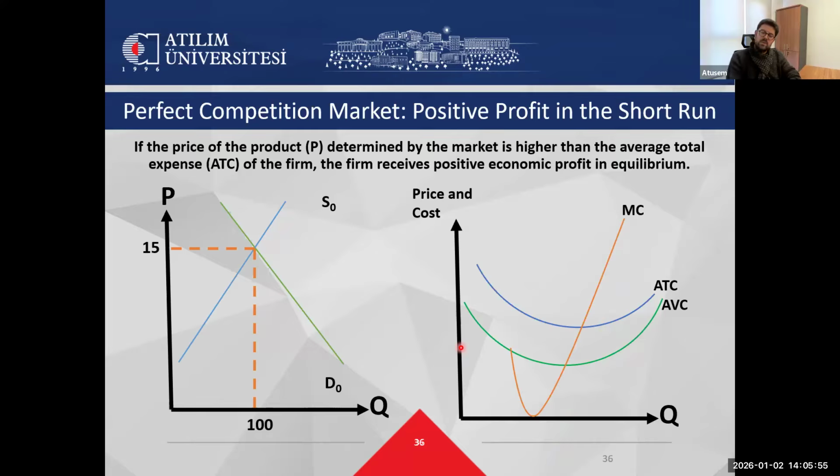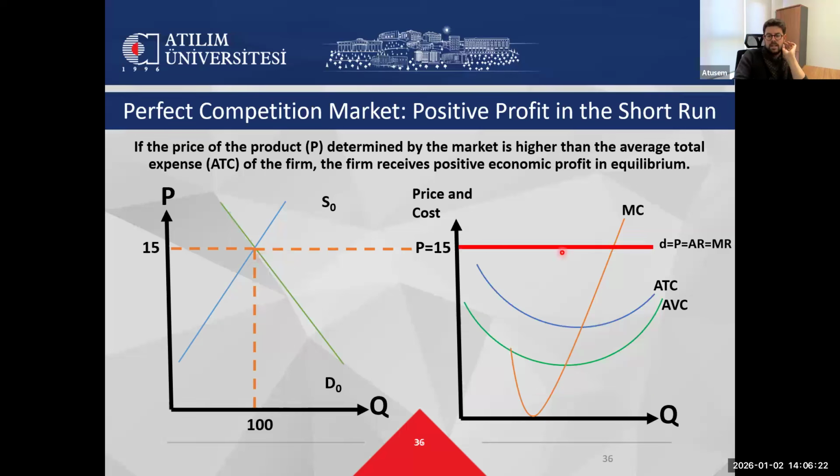Okay, how can we do these kinds of examples? The price is determined in the market, let's assume 15. So price is 15, and price equals demand equals average revenue equals marginal revenue.